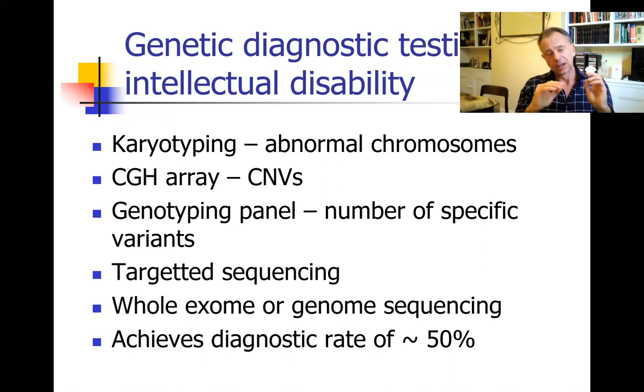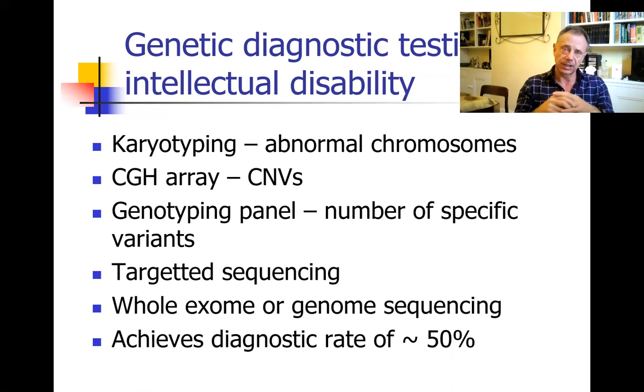And if you have a particular syndrome, then you may know a pattern, a whole set of genes which might be responsible for that syndrome, or a whole pattern of variants, and you can search for specific variants with a genotyping panel. If you want to look at particular genes, but you're not sure which variants they might be, then you could do targeted sequencing, although nowadays you probably wouldn't, and you'd move straight to whole exome or whole genome sequencing.